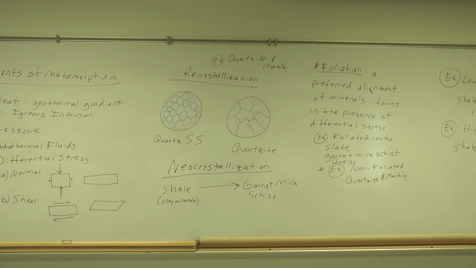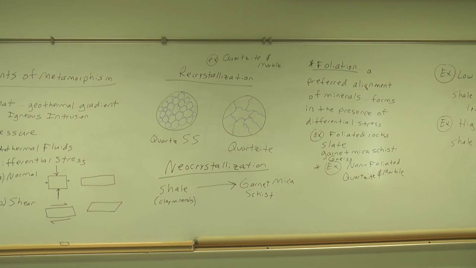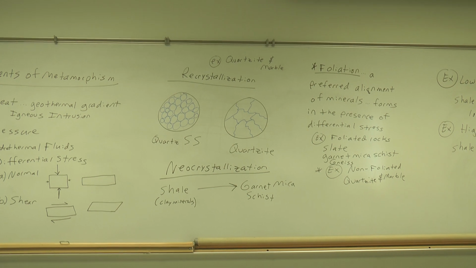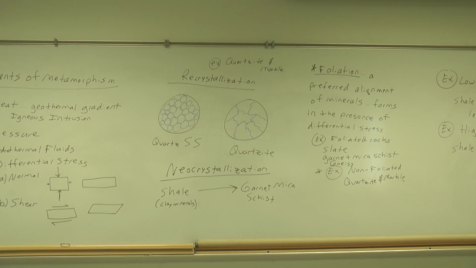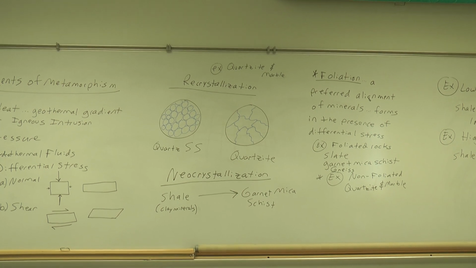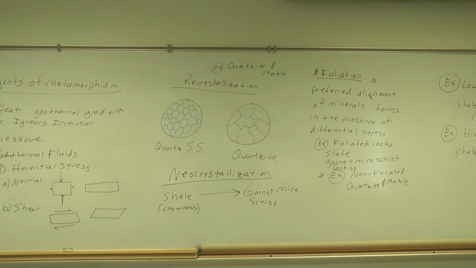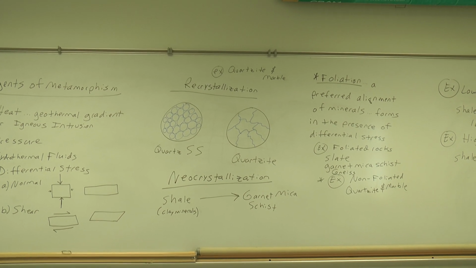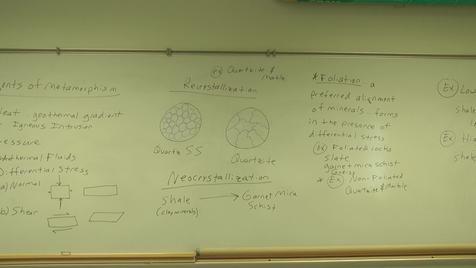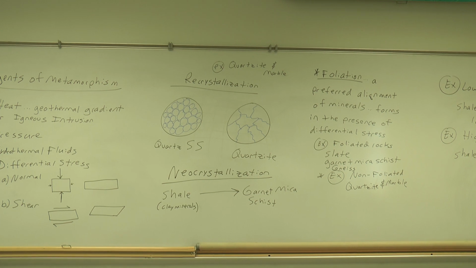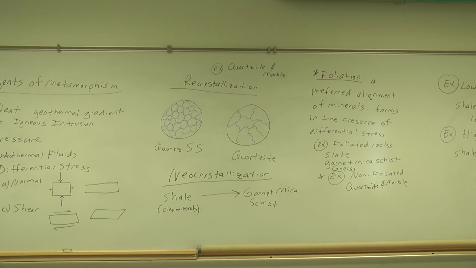So recrystallization refers to the size, shape, and arrangement or orientation of mineral crystals, grains, changing. So you change the size, shape, or arrangement of the minerals, but you do not grow any new minerals and you do not destroy any minerals.